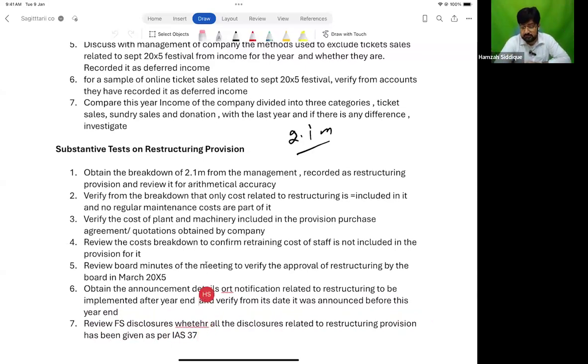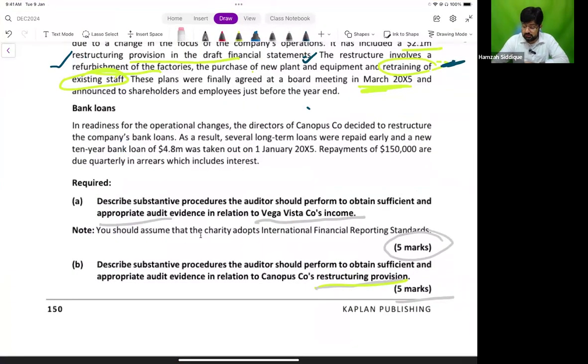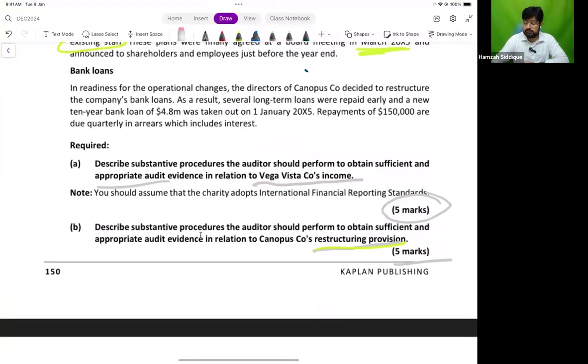So let us proceed further. The third part is bank loan.